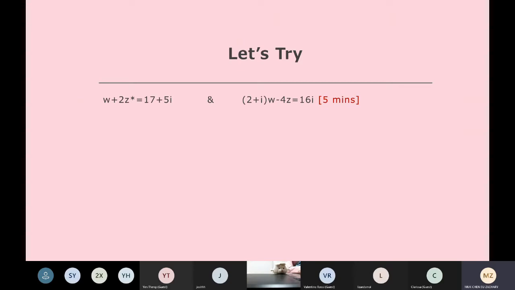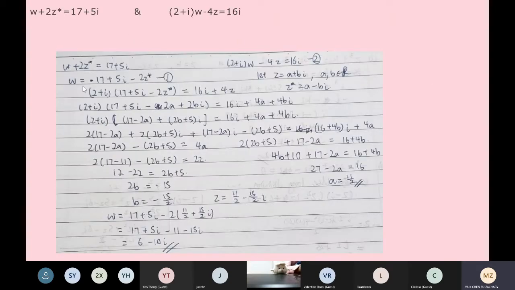Okay. We'll give you 5 minutes to try. So now you got two equations again. But this time you realize that we tried to play punk with you by giving you a conjugate instead of a nice complex number. So what you're gonna do here is to rewrite it again, manipulate it such that for one equation you get a subject.